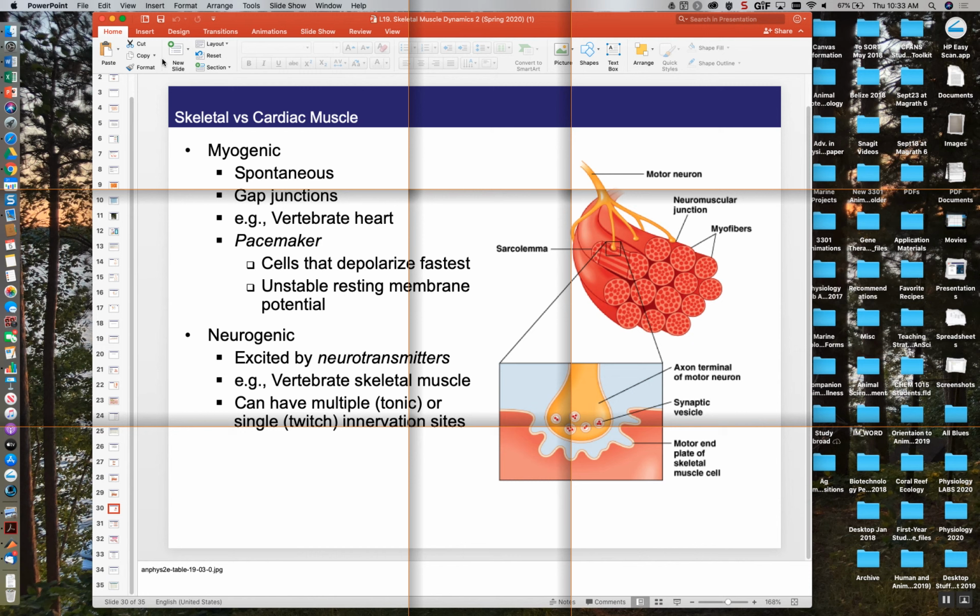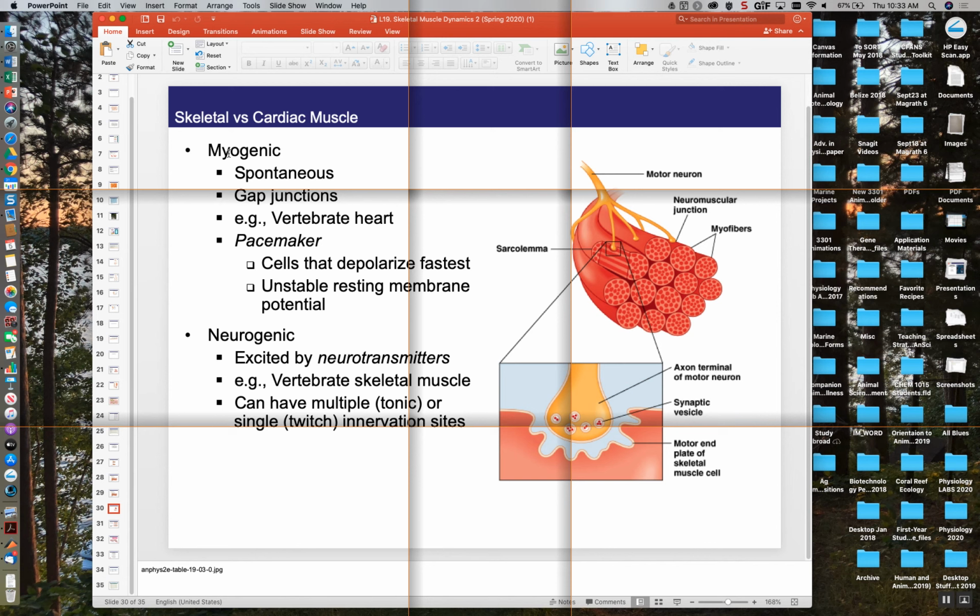And again, you have this eroding depolarization that causes the cell to just reach threshold all on its own, and then you get further depolarization that basically sweeps through the entire heart, and then contraction can occur to propel blood out, okay? So this genic is referring to the origin of that electrical stimulus, and myo is referring to the muscle. So it originates in the muscle itself.